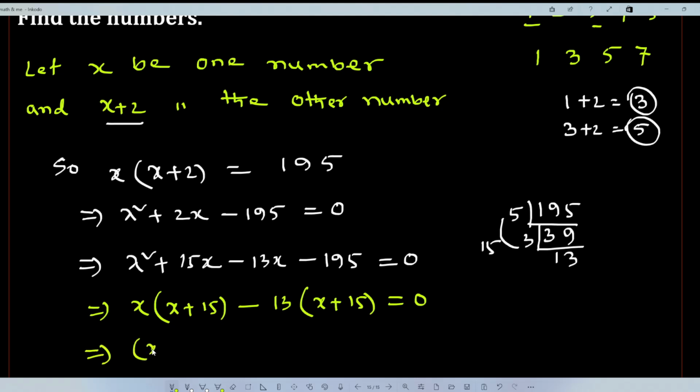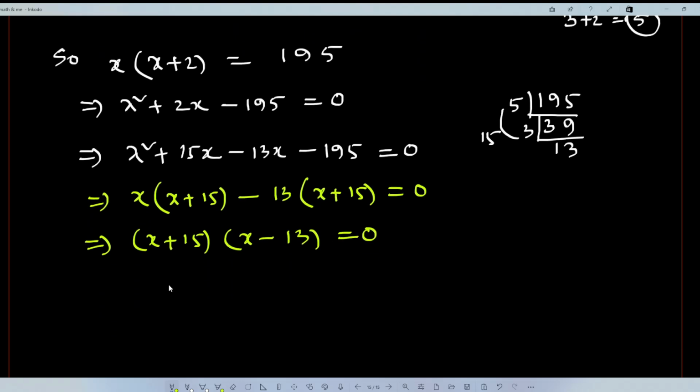So here is x plus 15, and here is x minus 13 equal 0. So we need the positive number. Here x plus 15 equals 0, so x equals minus 15.